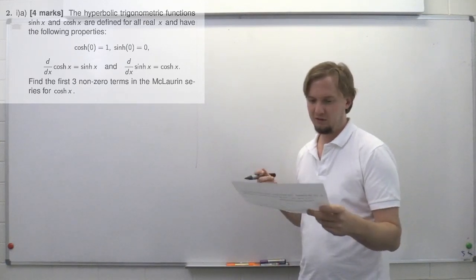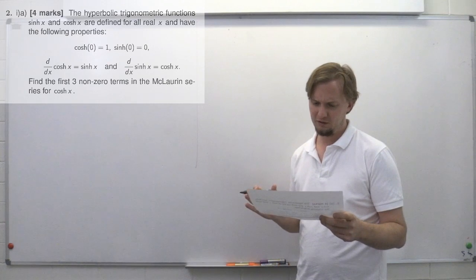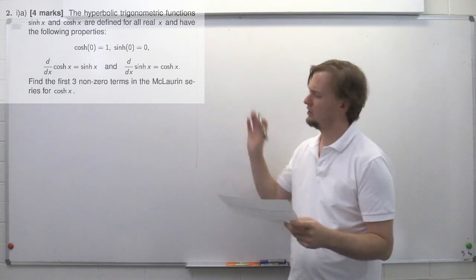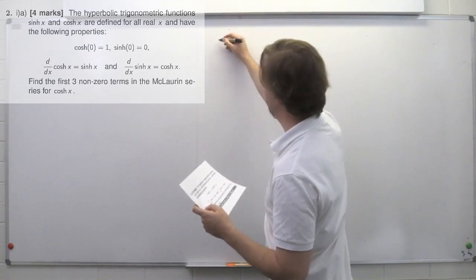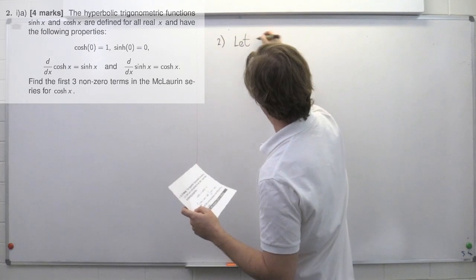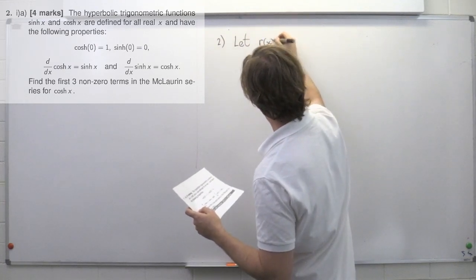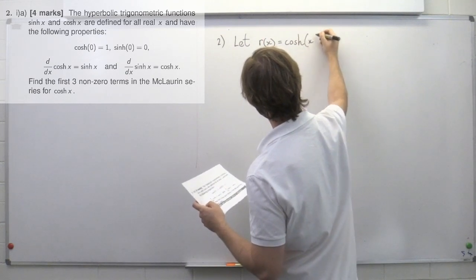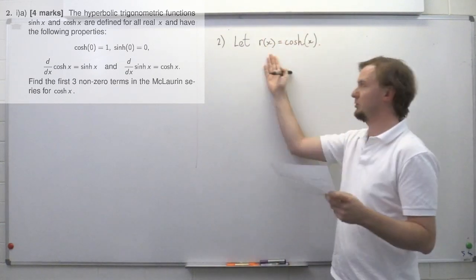So to begin with, I'm going to have to talk about this function cosh, the hyperbolic cosine, quite a lot. I might just start by making my life a little easier and introducing some notation. So I'm just going to let r of x equal to this hyperbolic cosine of x. Just because I'm going to be talking about this a lot.